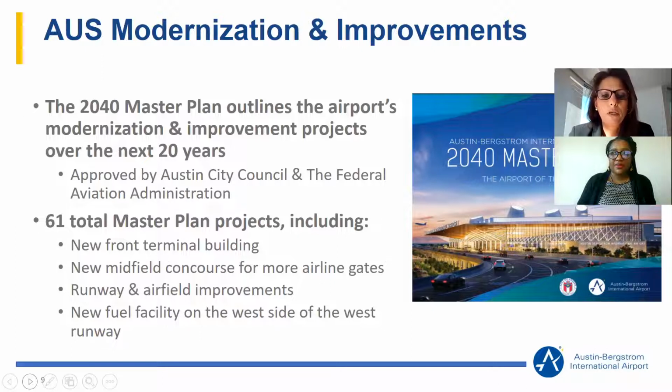That master plan identified about 4 phases of 61 plus projects. The fuel project is one of them, in addition to a new front terminal building, a new midfield concourse for more airline gates, and also runway and airfield improvements, all to support the growth of the airport for the next 30 to 50 years. Next slide, please.